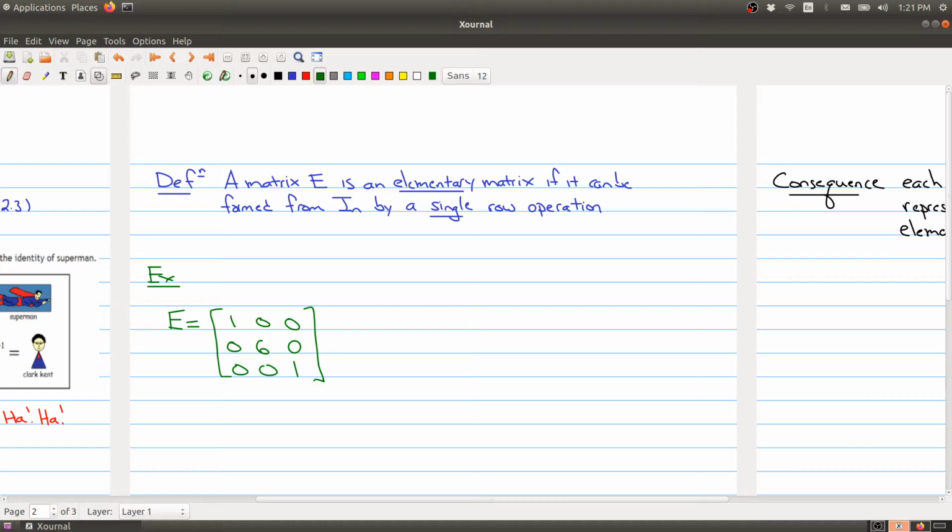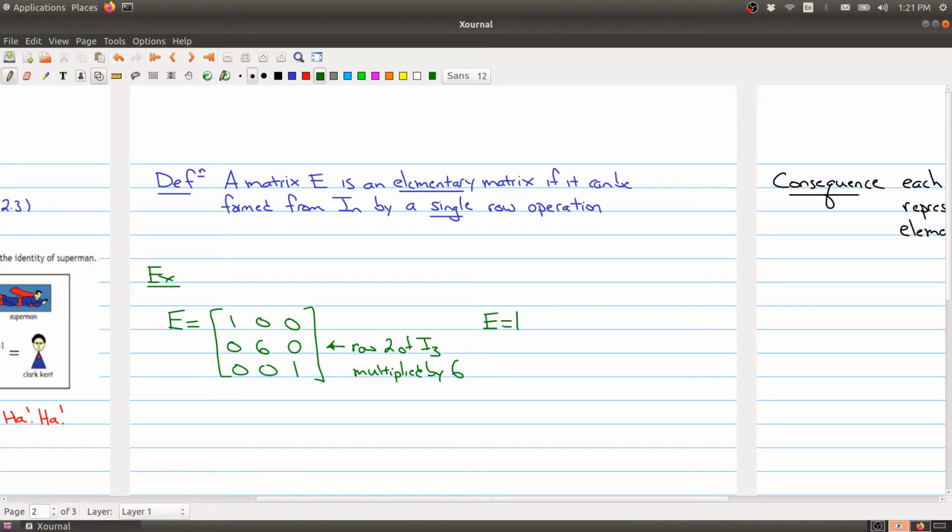You should think about what row operation I performed on the identity to get this. Well, I took row 2 of I3 multiplied by 6.